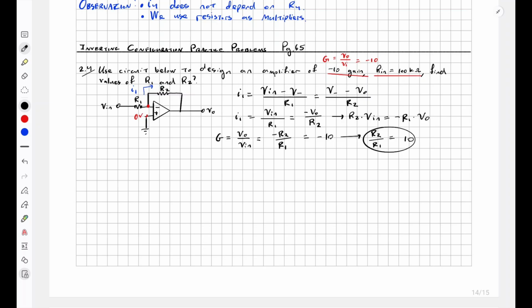There is another condition that says that the input resistance, Rin, is 100 kilo ohms. So what does this mean?